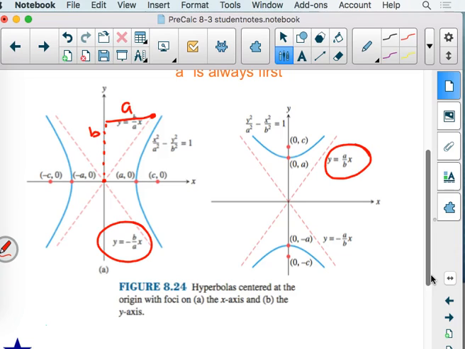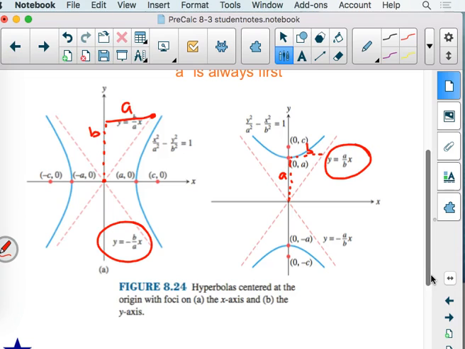Now, if it's vertical, notice this time you'd be going up a units and over b units. So it makes sense when you think about where your a's and b's are located. So why didn't they put a name on the b? With hyperbolas, nobody has ever said, we're going to call them this, and we're going to use b to always do this.